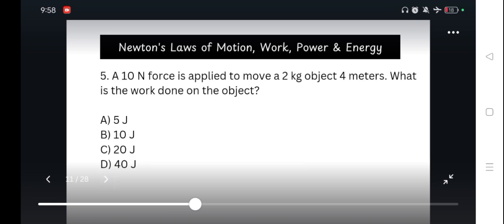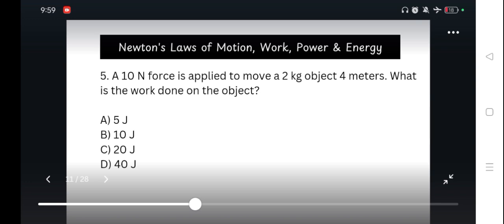Number 5. A 10 Newton force is applied to move a 2 kilogram object for 4 meters. What is the work done on the object? In this item, we are asked to determine or quantify the value of work.